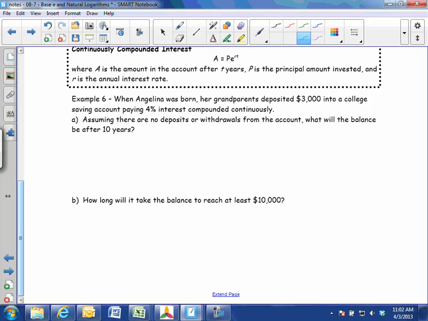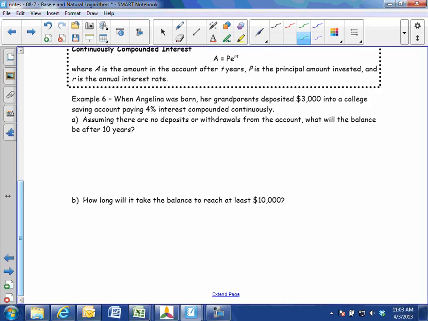So example 6 says, when Angelina was born, her parents deposited $3,000 into a college savings account, paying 4% interest compounding continuously. Assuming there are no deposits or withdrawals from the account, what will be the balance after 10 years?